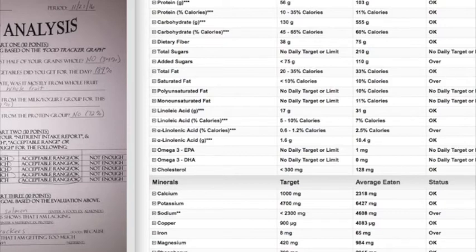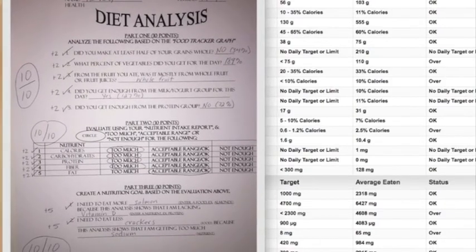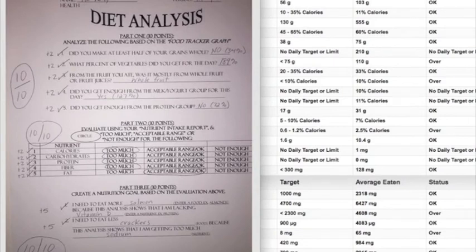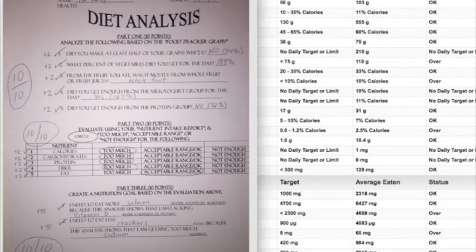Part 3 is set a nutrition goal based on the evaluation above. So I know that I'm lacking in some nutrients, okay? So I could pick some of these, or I could actually go back to my sheet just to see. I needed something that I was lacking in, and I wasn't lacking in any of these.